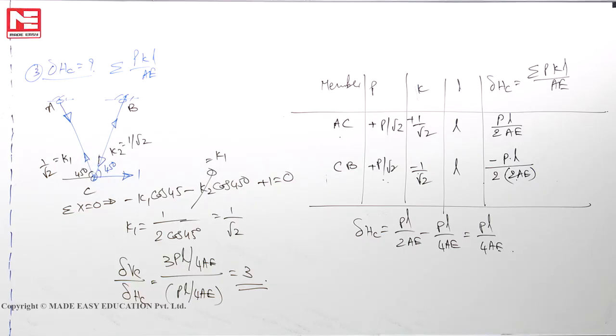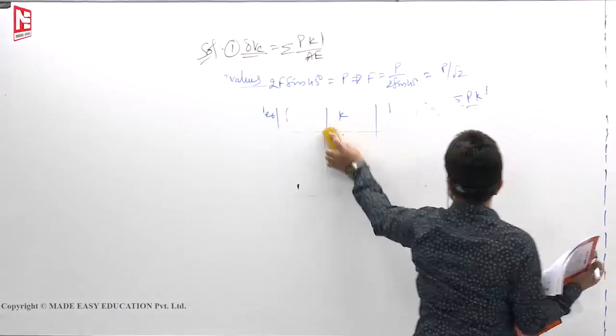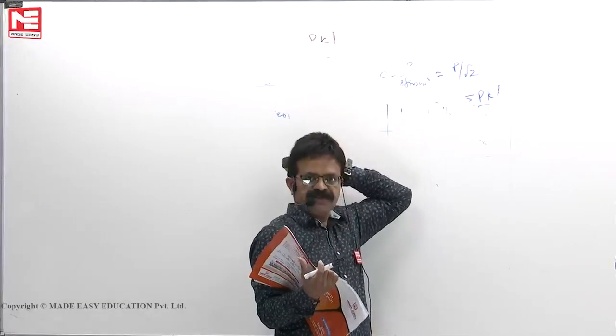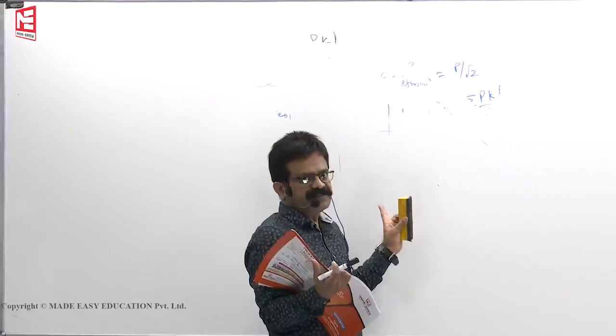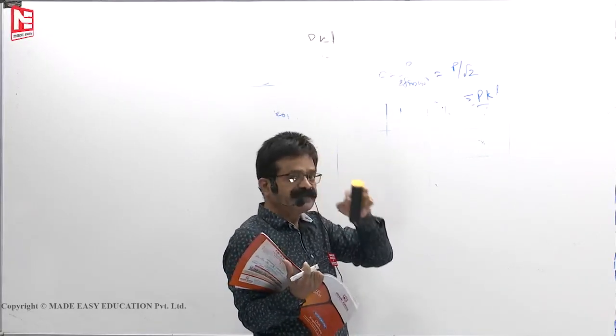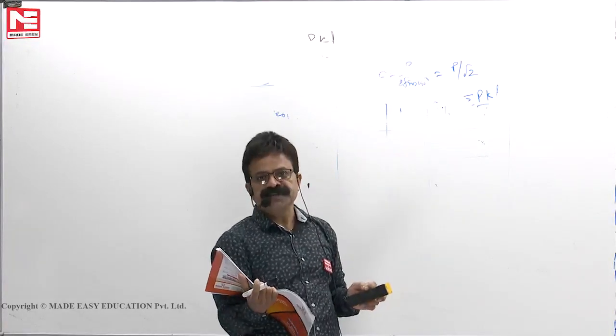Now the last question, 39. Since it should be over in 2 minutes, I am assuming that you have just studied the deflections in the trusses chapter. Then you have to go through this one, and you will know whether you have finished in 2 minutes or not.